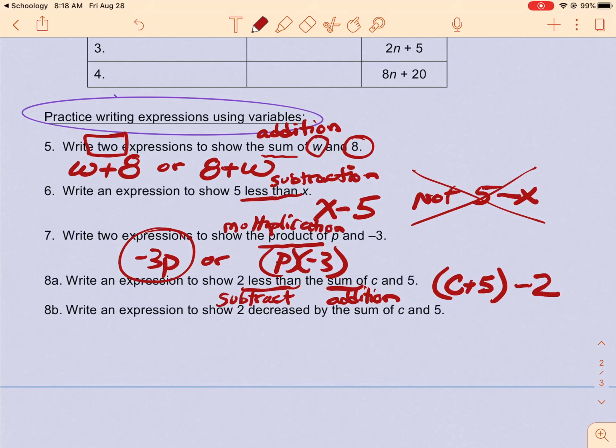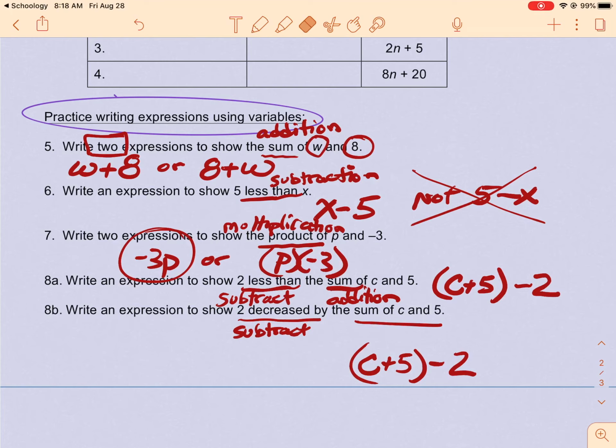8b, write an expression to show 2 decreased, another word for subtraction, and the sum. So look at that. It's the exact same thing. Oh, wait a minute. It says 2 decreased by the sum.